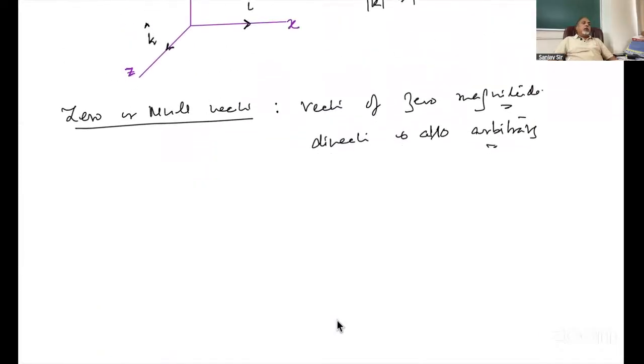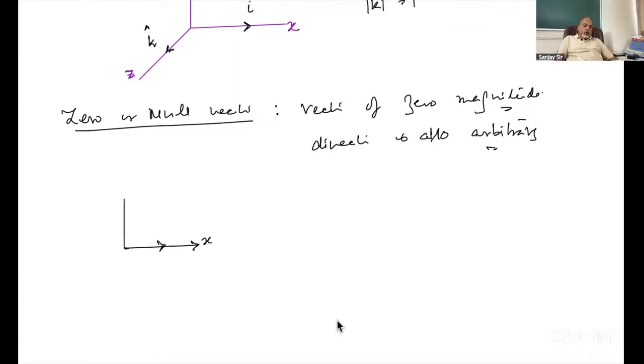Now suppose we have a force, this is your x direction. We have a force of 10 Newton in this direction.